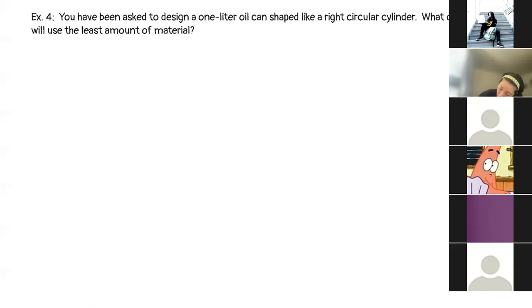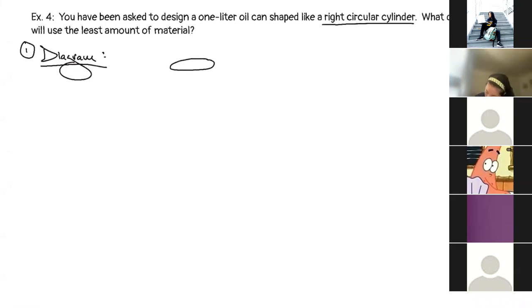And so let's begin with a diagram. We know that we have something in the shape of a right circular cylinder. And all that means is we have a cylinder that maybe looks like this. And this cylinder, in this particular case, is for a company that wants to package oil. So it's a 1-liter oil can. But the question is, what dimensions will use the least amount of material?